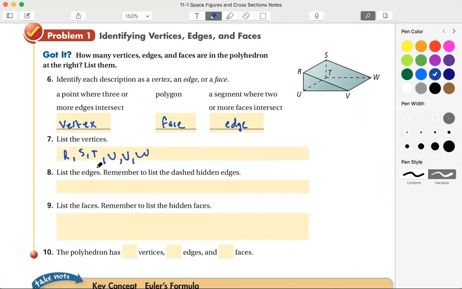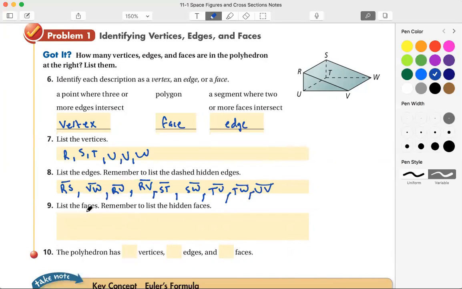The edges are going to be RS, VW, RU, RV, ST, SW, TU, TW, and UV.